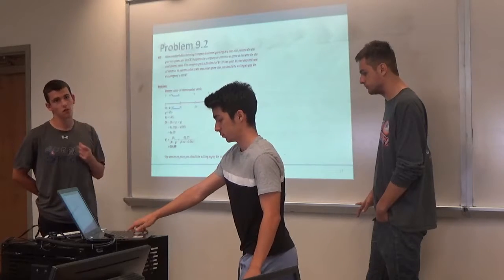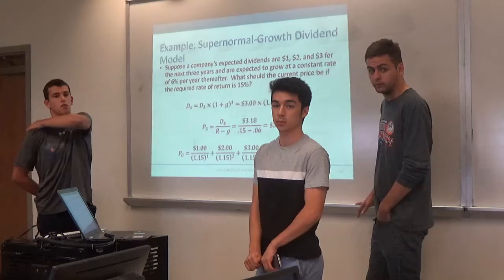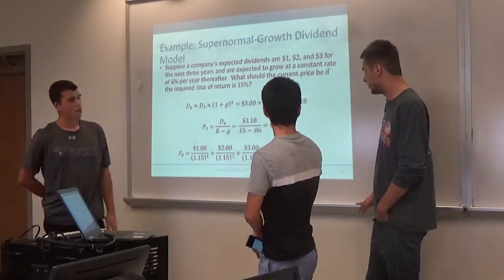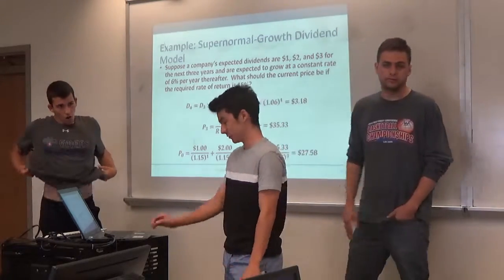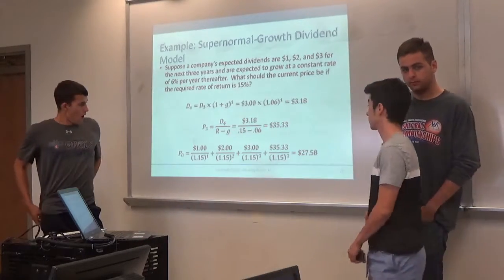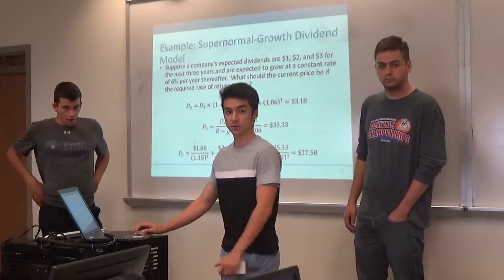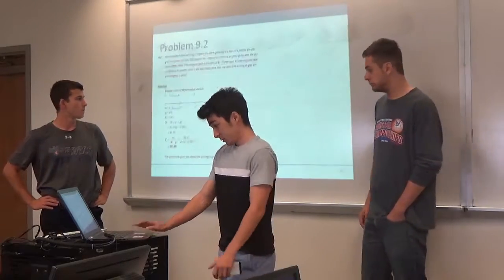And if the stock price was trading at $20, would you buy it? Yes. And if the stock was trading at $30, would you buy it? What would you do? Sell it. You'd short sell it or go short, exactly.